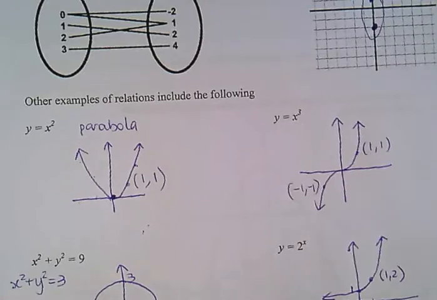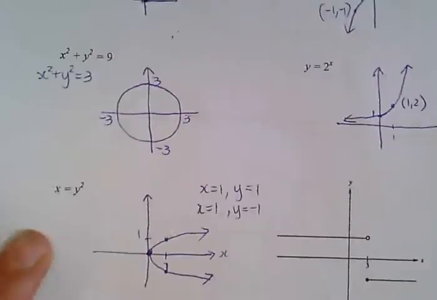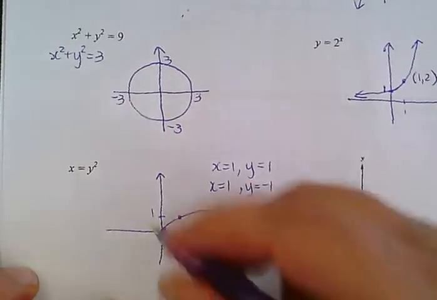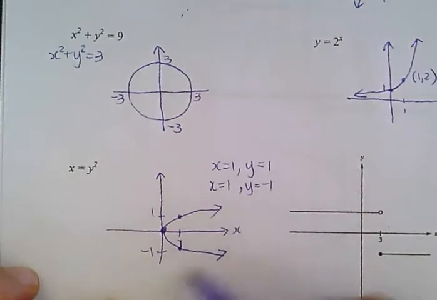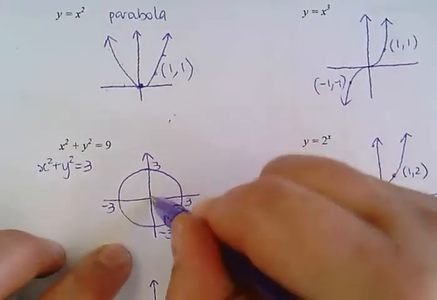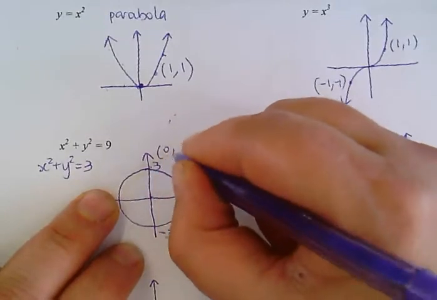It does. But let's look at this parabola down here. When x is 1, what does y equal? 1 or -1. This is not a function. Okay? Let's look at my circle. When x is 0, what does y equal? 3. This is the point (0, 3).